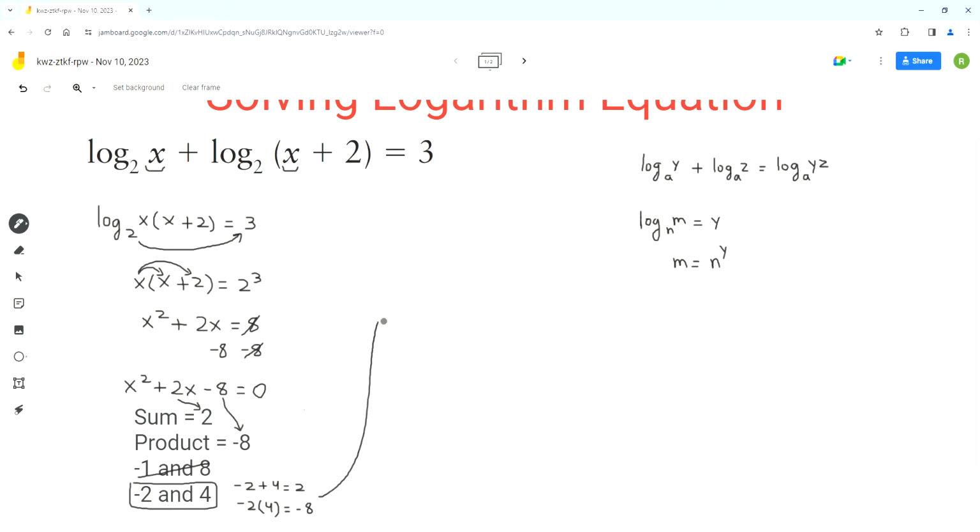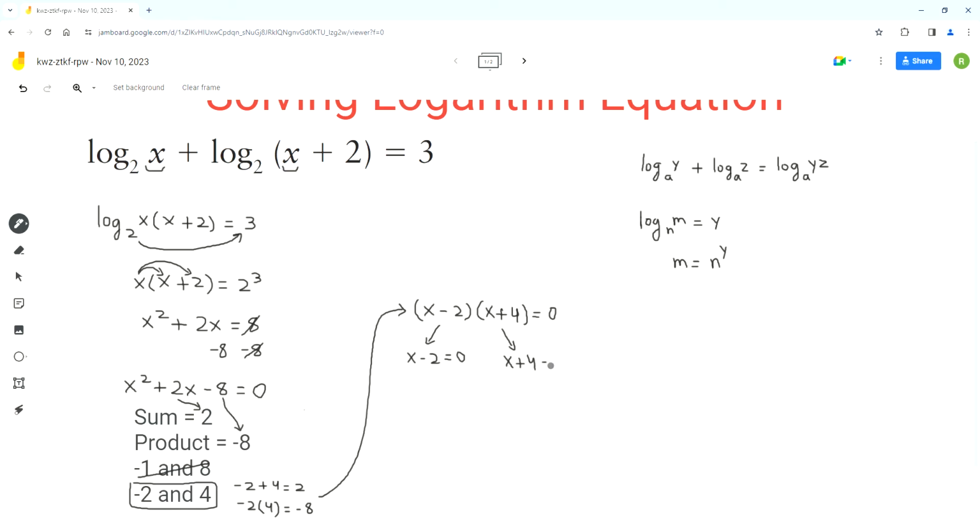Now we can write this equation in factored form. So we get x minus 2 in the first parentheses times x plus 4 equals 0. We get two cases. The first case is x minus 2 equals 0, and the other case is x plus 4 equals 0.